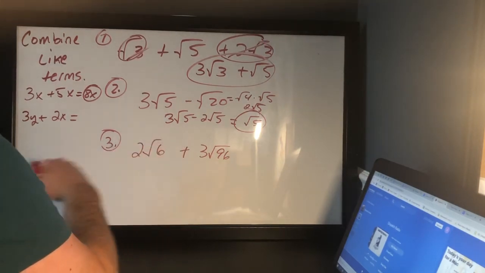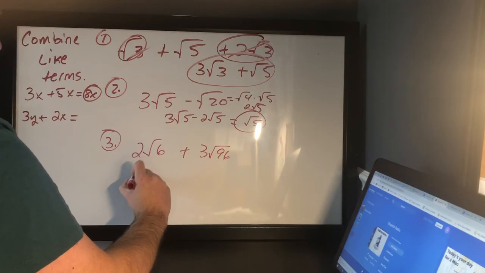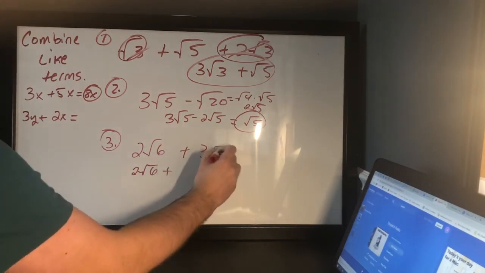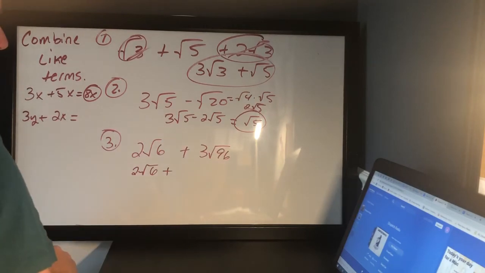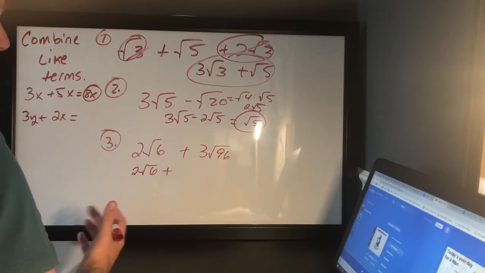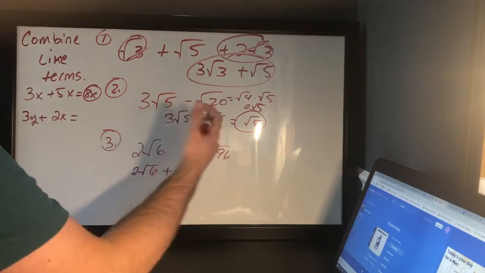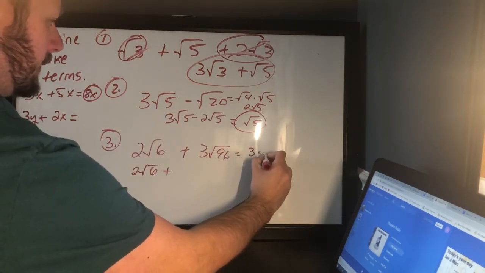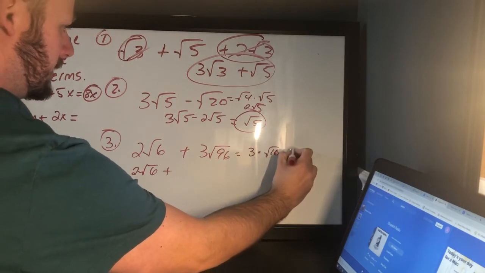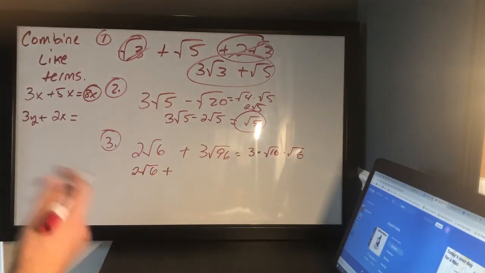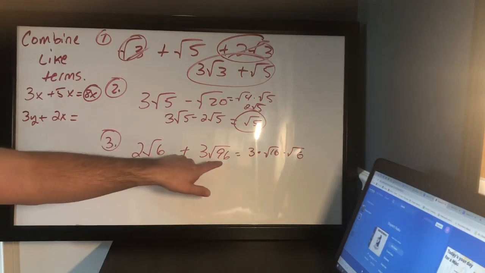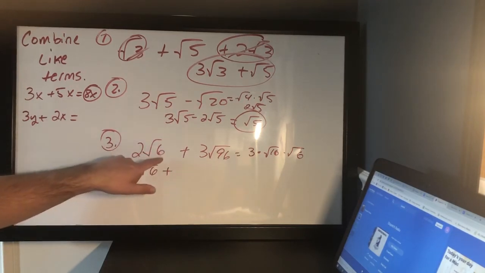Okay, and the last one was 2 radical 6. 6 is even, but it's not a perfect square, so we're stuck with 2 radical 6. All right, now you got to look at this one. Square root of 96. Well, that's not a perfect square, but we can start breaking that up. As you guys start going through the factors of 96, hopefully you realize you can do 3 times 16 times radical 6. What I would do if you get a case like this and you're trying to make it match a radical is divide whatever number's in here by whatever this radical is and see if you can make it work.